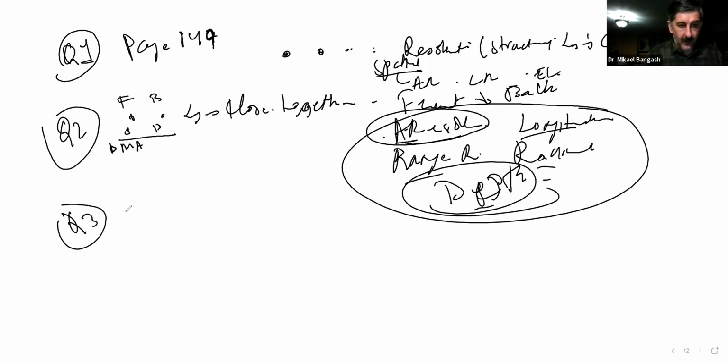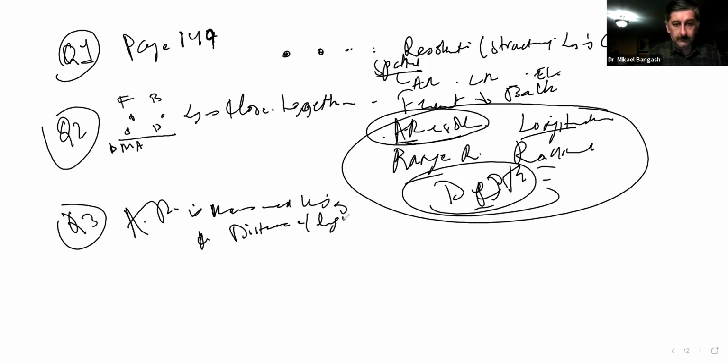Question number 3. Axial resolution, or any of these other names that could also be placed, is measured using a unit of distance or length, such as millimeter.